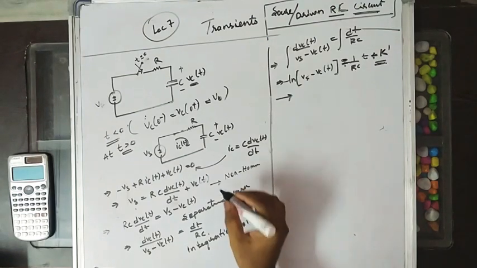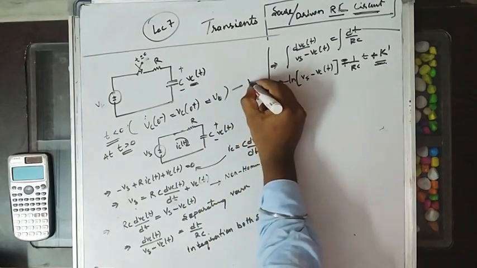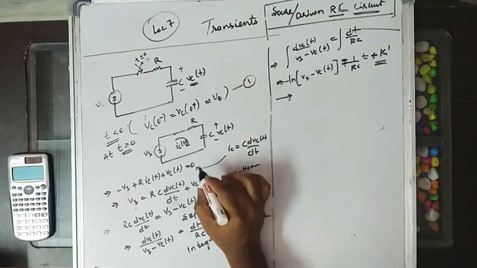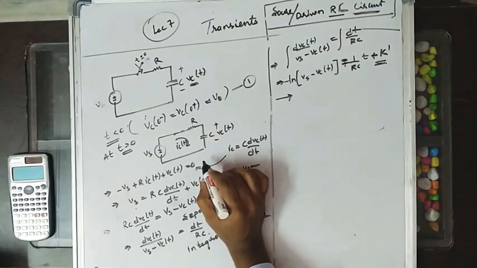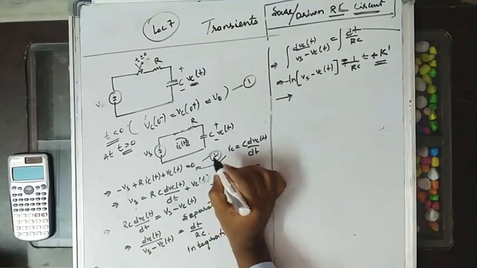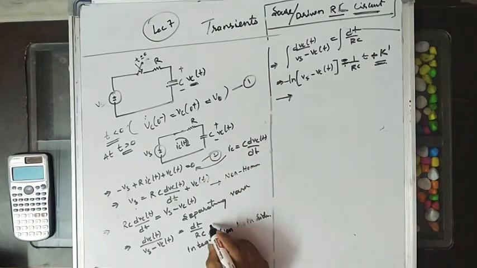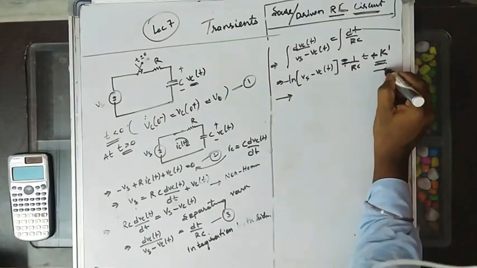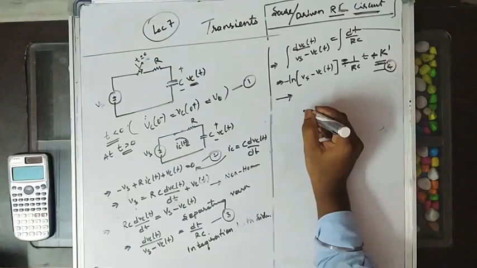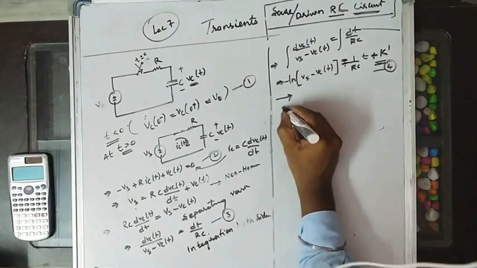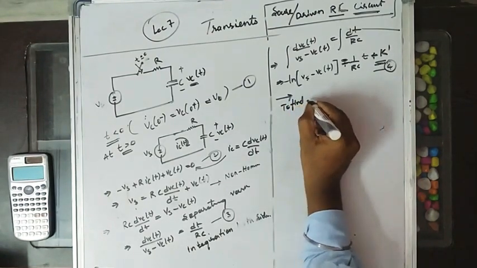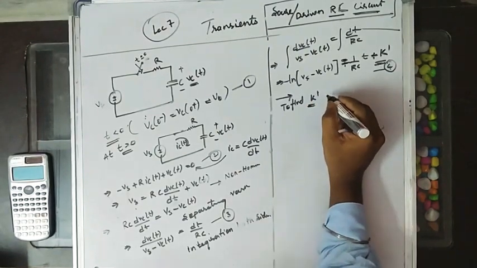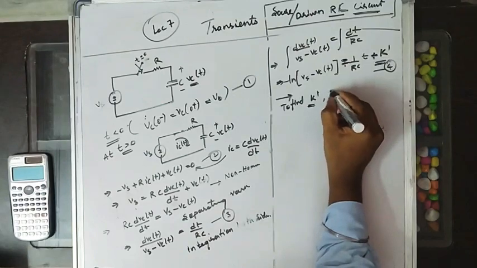We take this equation as equation 1, then this as equation 2, this as equation 3, and this as equation 4. To find k dash, we have to use the initial condition.